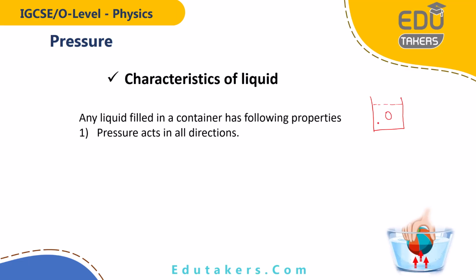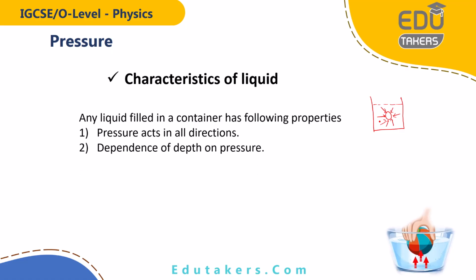Then the pressure always acts in all direction. The pressure on this object would be exerted from all directions because this pressure is exerted by the liquid on this object. So the direction in which the pressure is exerted in the liquid here is very important because the pressure can be exerted from any direction.